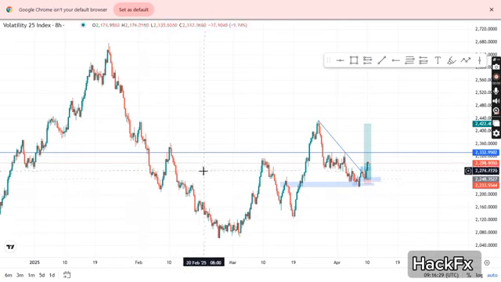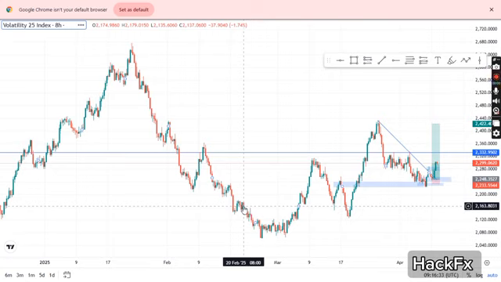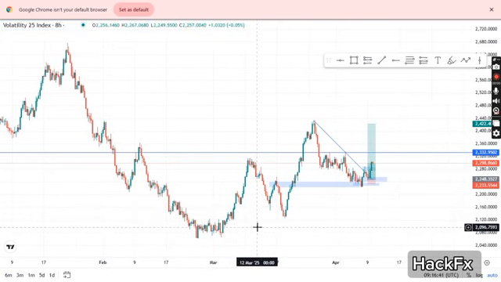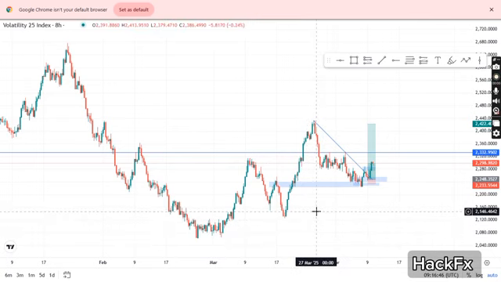First of all, we combined our knowledge of price action and market structures to determine the direction of the market. It's very simple actually.